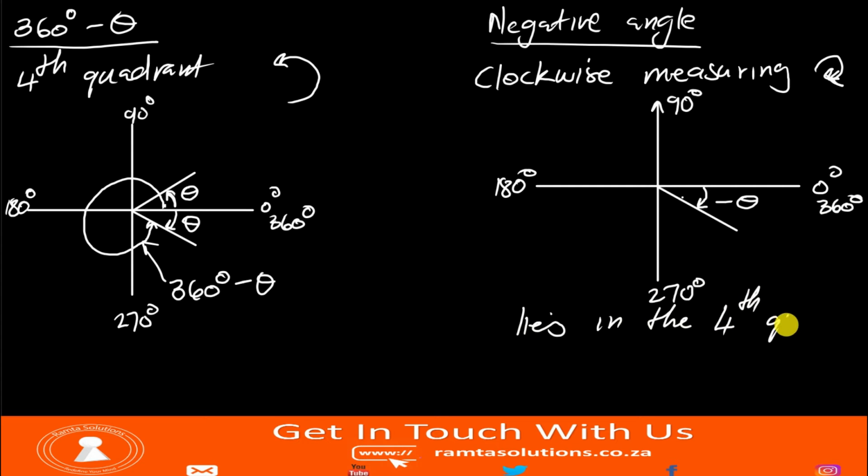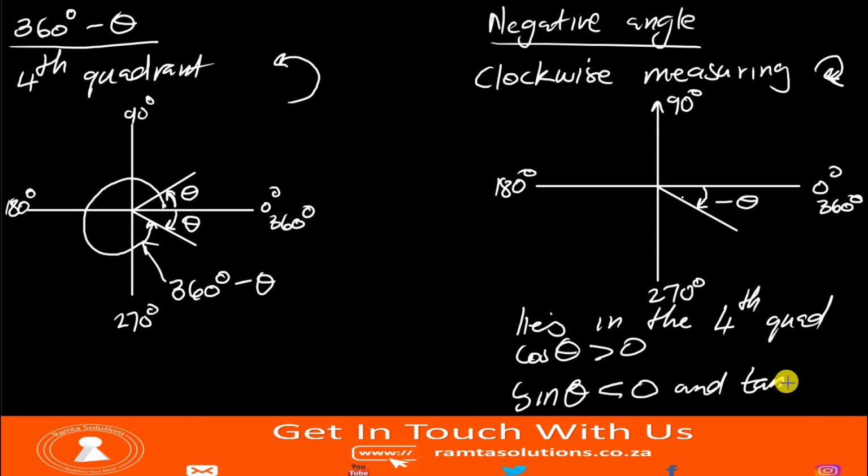In the fourth quadrant, cos theta will be positive, and then sine theta is negative, and tan theta is also negative.